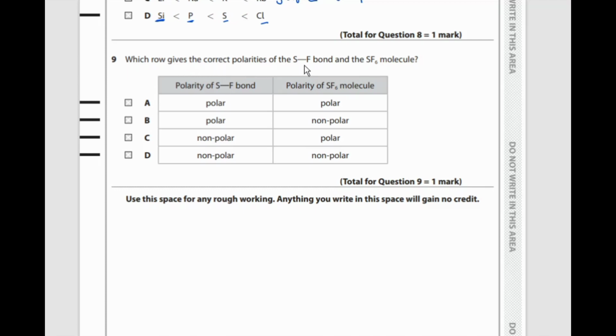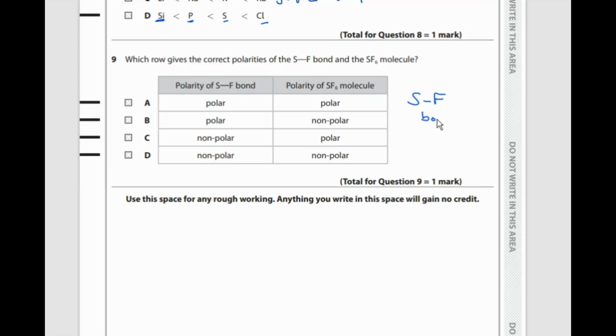Question 9. Which row gives the correct polarity of sulfur bond and sulfur 6 fluoride, which is a molecule?